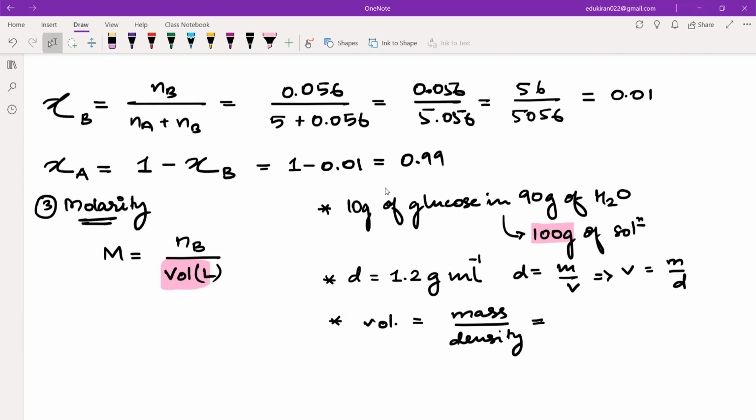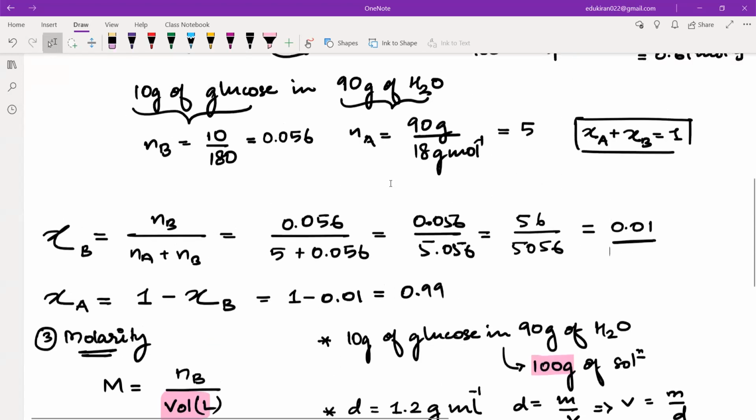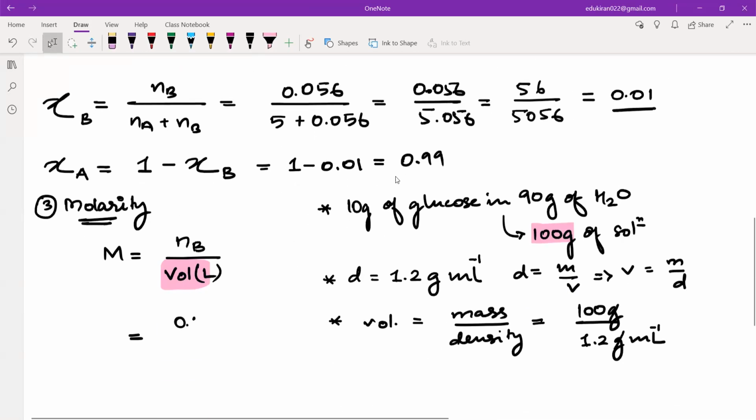Okay, so what is mass of solution? It is 100 grams divided by density of solution, 1.2 grams per ml, and grams will get cancelled. This ml inverse will go above and it will become ml. So we have got number of moles, 0.056. Sorry, number of moles is 0.056, divided by volume, which is 100 upon 1.2.